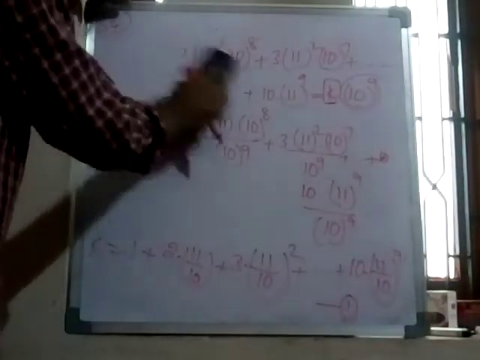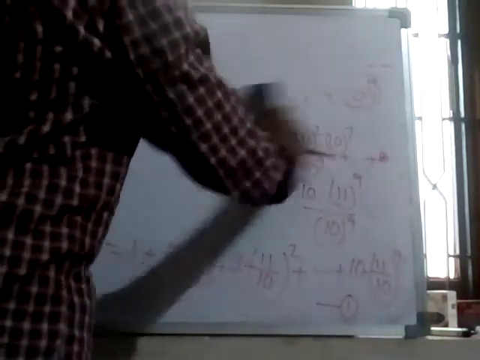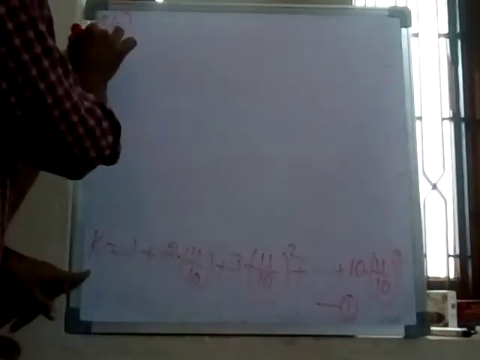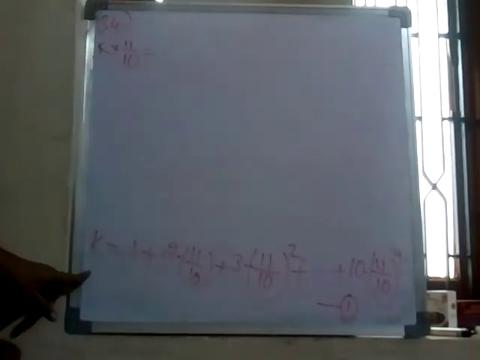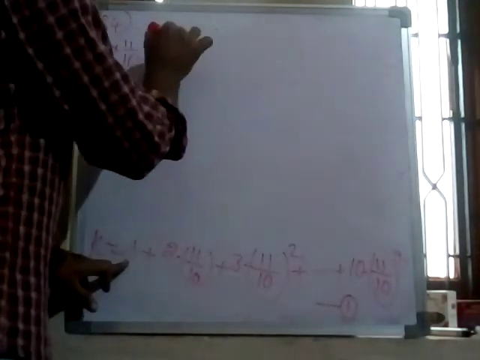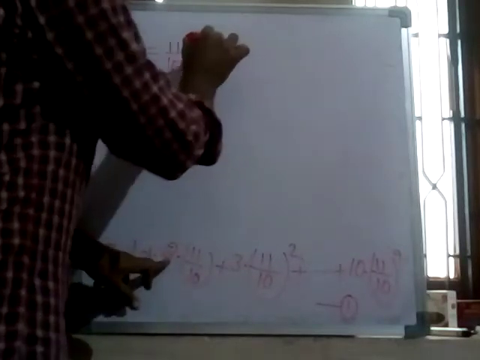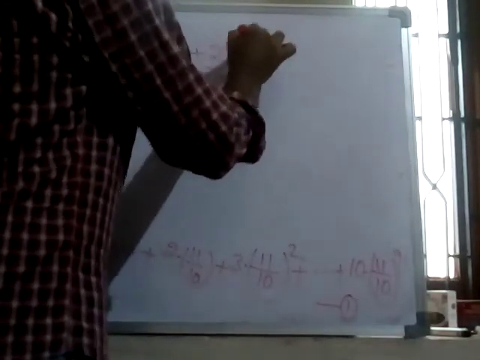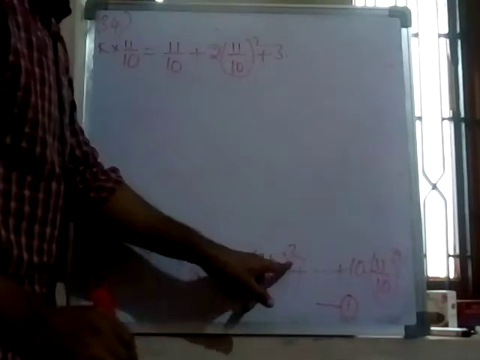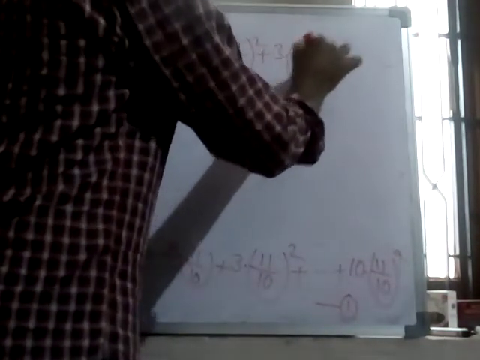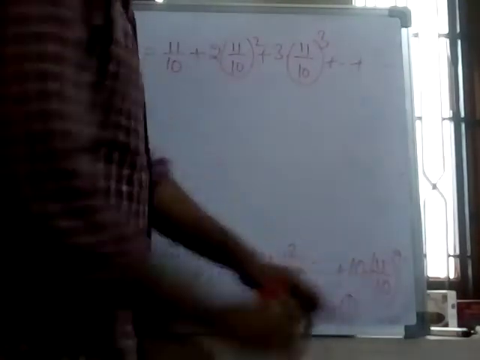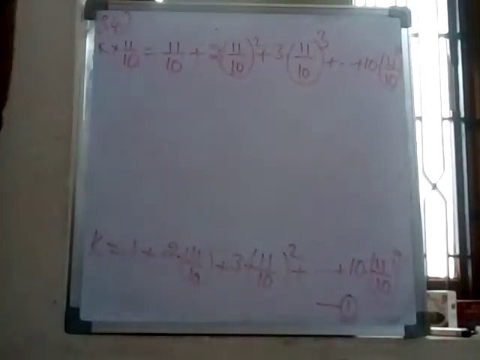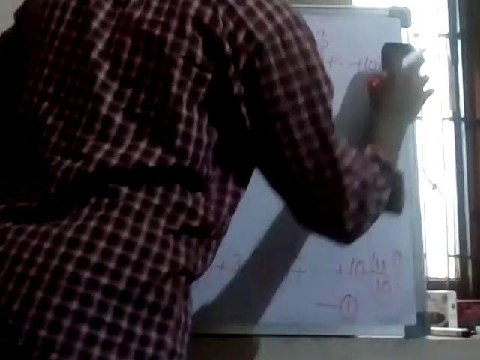If you multiply with 11 by 10, what happens? k into 11 by 10 is equal to, here 1 into 11 by 10, 11 by 10, plus 2 into, this term also multiplied with 11 by 10, 11 by 10 whole square, plus 3 into 11 by 10 whole to the power of 3, plus so on, last one 10 into 11 by 10 whole to the power of 10.